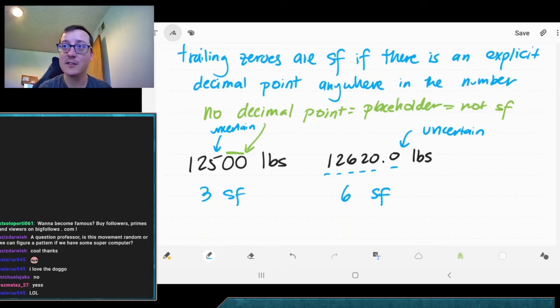If we left those zeros off, we would have 125 pounds. And what elephant weighs 125 pounds? That doesn't even make sense. So those zeros in the first number matter to tell us how big the number is, but they're not part of our measurement. So they're placeholders. They have a purpose, but they're not significant for us.